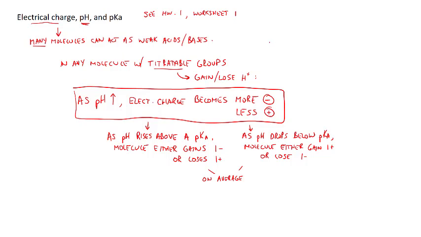The pKa you can think of as a pH tipping point. It's where the population of your molecule goes from net one charge to net another charge.